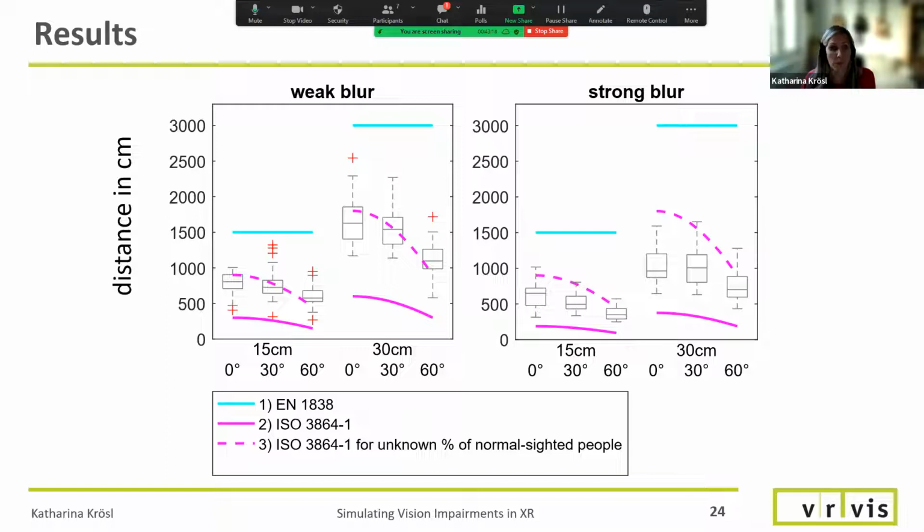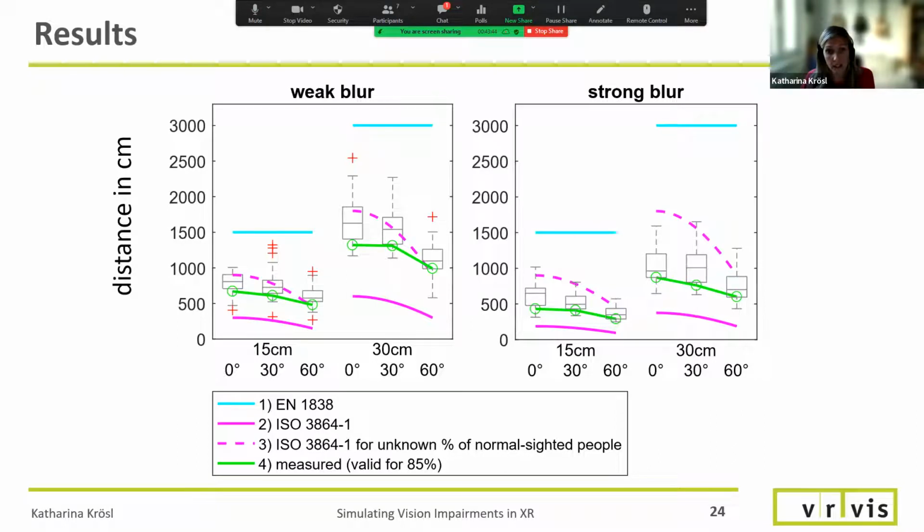So to be able to compare this to our measurements, we need to be aware that the norms and standards state that the maximum recognition distance has to be valid for at least 85% of all people, not for 100%, just for 85. So we cannot just compare them to the mean or median values of our measurements.